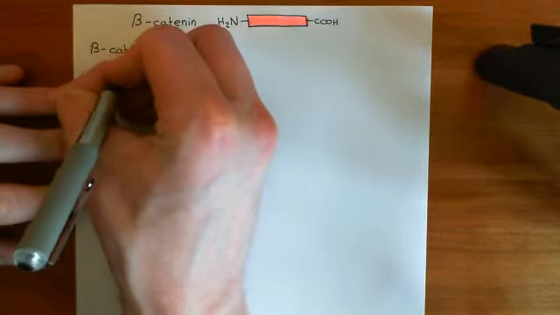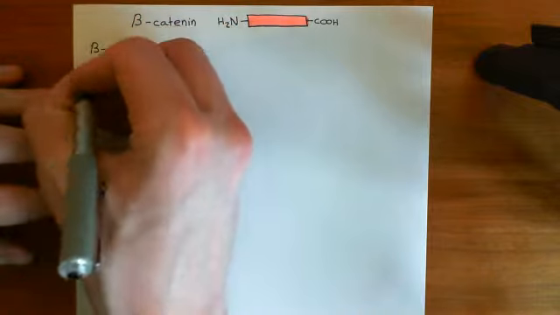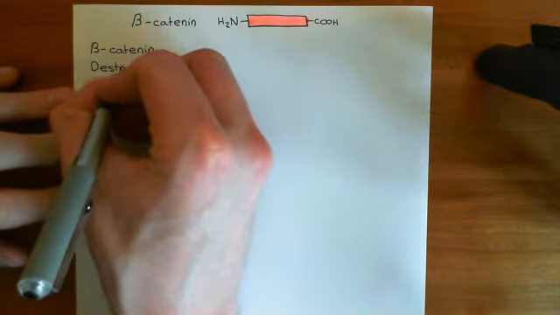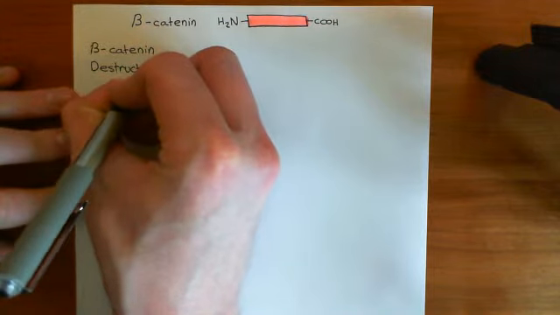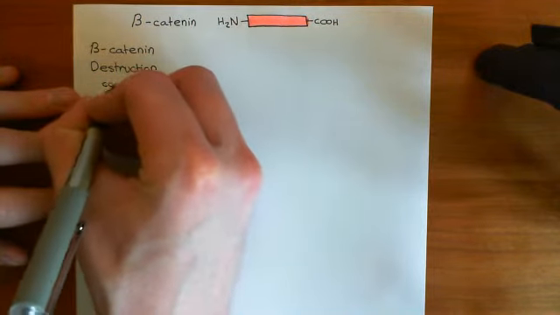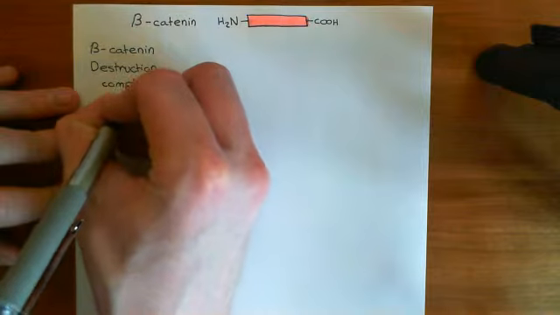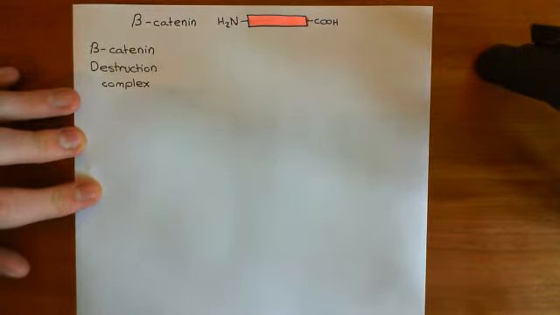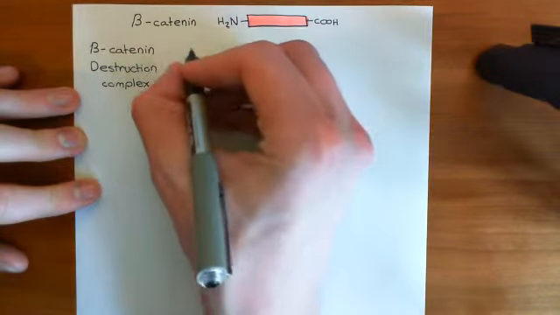These are complexes of multiple proteins which are going to be involved in the destruction of the beta-catenin. So we now want to see which proteins are going to be involved in this beta-catenin destruction complex and what it is actually going to do to the beta-catenin that is going to facilitate its destruction.